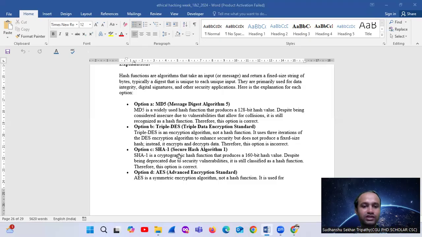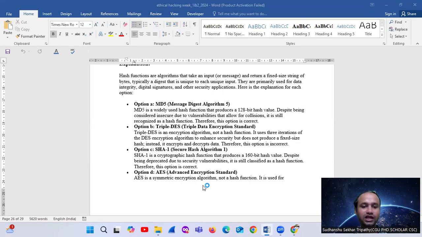Option C, SHA1. SHA means Secure Hash Algorithm 1. So Secure Hash Algorithm 1 is a cryptographic hash function that produces a 160-bit hash value, despite being deprecated due to security vulnerabilities. It is still classified as a hash function. Therefore, this option is correct.